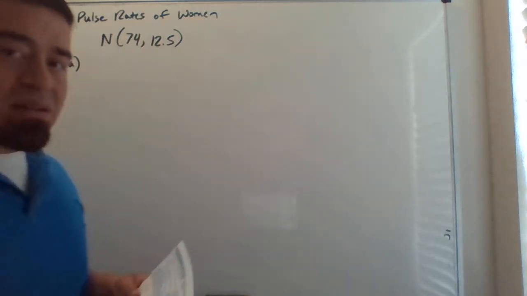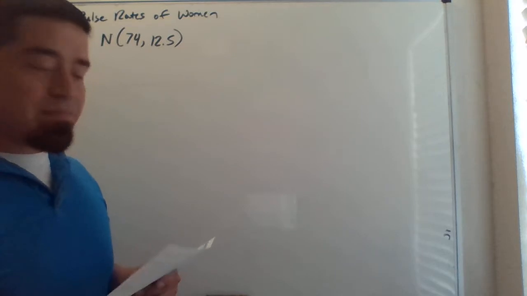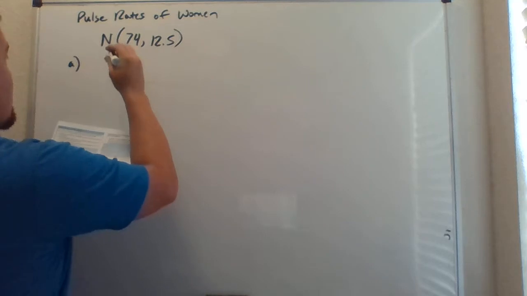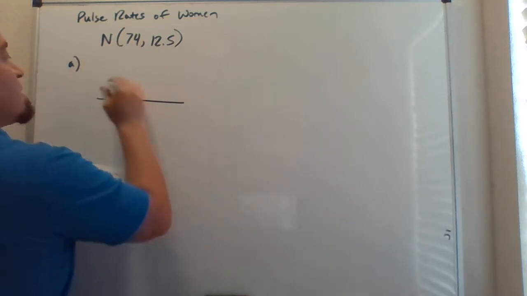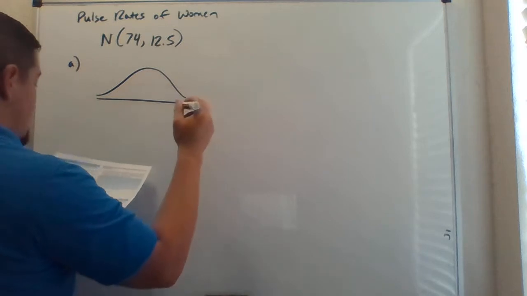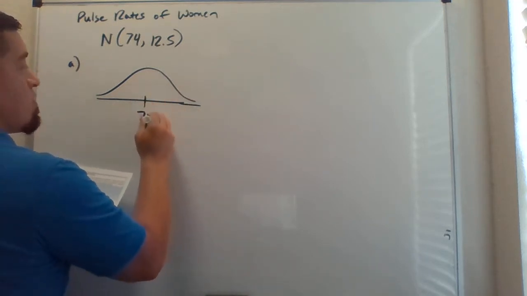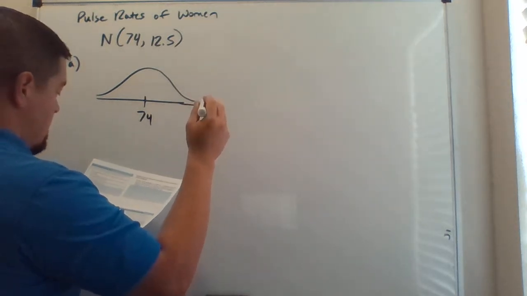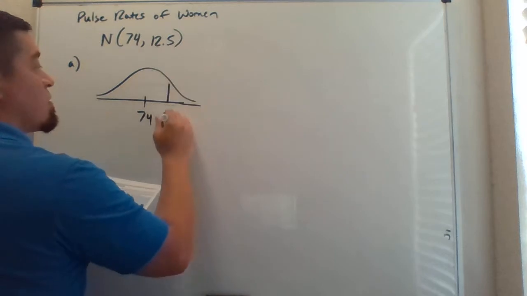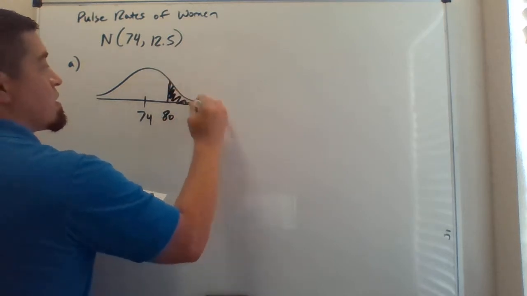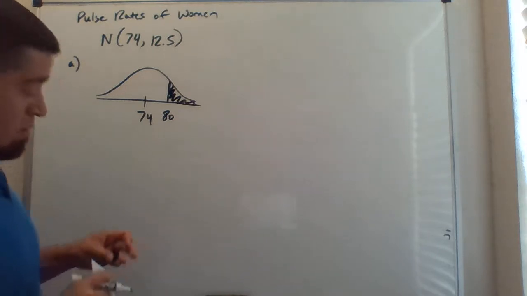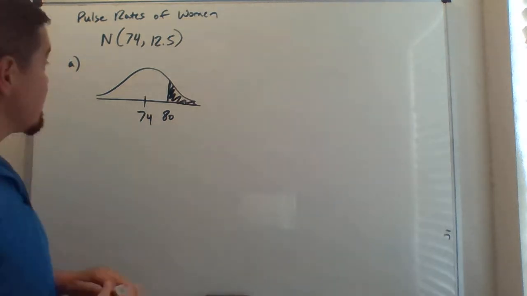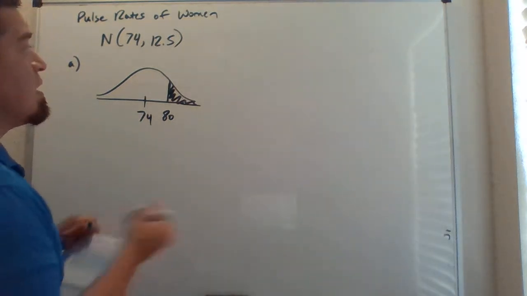This we actually covered in section 6.3 in class, or 6.2. So in this case, it's not new. There's a normal curve. They tell us it's normally distributed with a mean of 74 and a standard deviation of 12.5. I'm looking for 80 or greater, so I can shade in this direction. You can use the table, but as mentioned in class, my preferred method is to use the calculator.